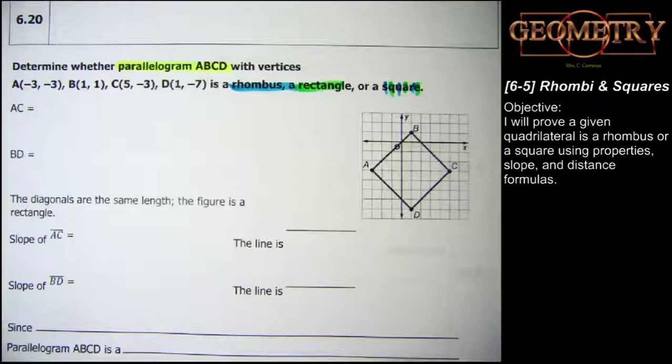Okay? And I'm using the same sort of color coding for rhombus and rectangle. Square is colored in both to show that it has to be both.